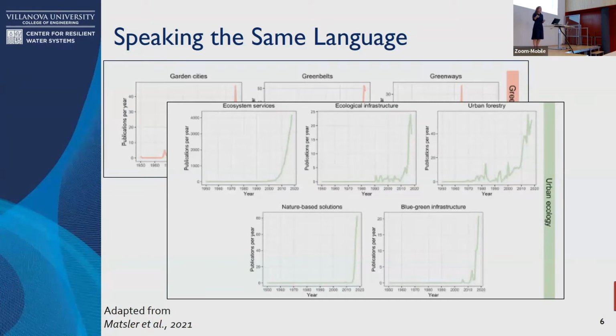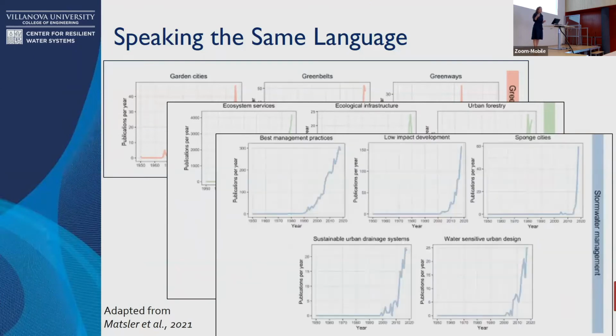Until the mid-2000s, you really got very few publications on this. And when you think about this in terms of stormwater, here we have our BMPs, our best management practices, LID, low impact design, sponge cities, and you can look at the number of publications and see how this has exploded in recent decades. And there's a lot of work going on here.